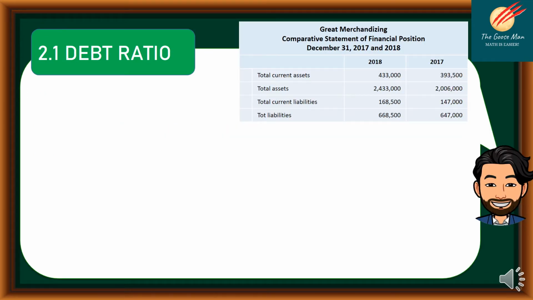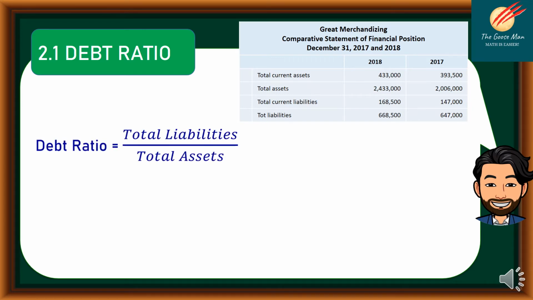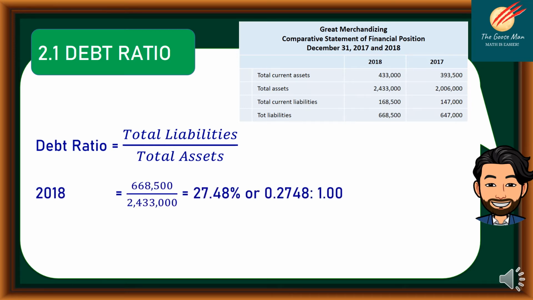So let's move on to the formula for the debt ratio. This is equal to total liabilities divided by the total assets. As we can glean on the table, for 2018, this is equal to 668,500 divided by 2,433,000. So this is equal to 27.48%.